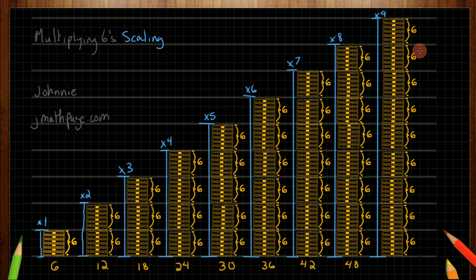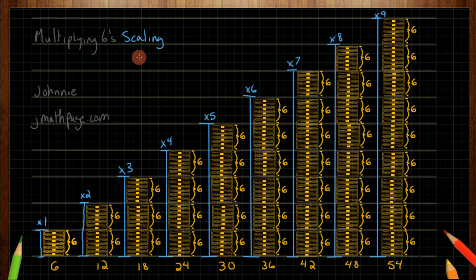How many boxes altogether? 6, 12, 18, 24, 30, 36, 42, 48, and 6 more, 54. 9 stacks of 6 boxes gives us 54 boxes, which is 9 times as many as what we started with. So you can see how things grew and grew and grew when we think about numbers in terms of scaling.